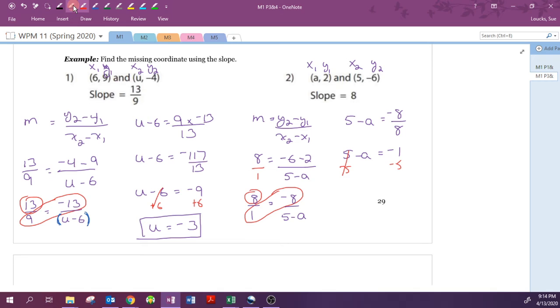And I have negative a equals negative 6, and that gets me that a equals 6, and that's my solution. Okay? Okay, go do the practice, and I will meet you on page 33.